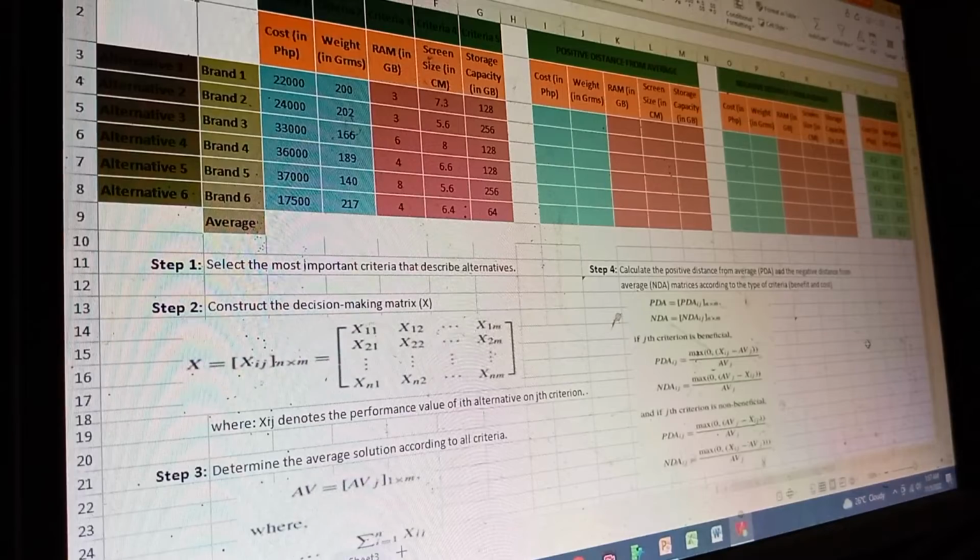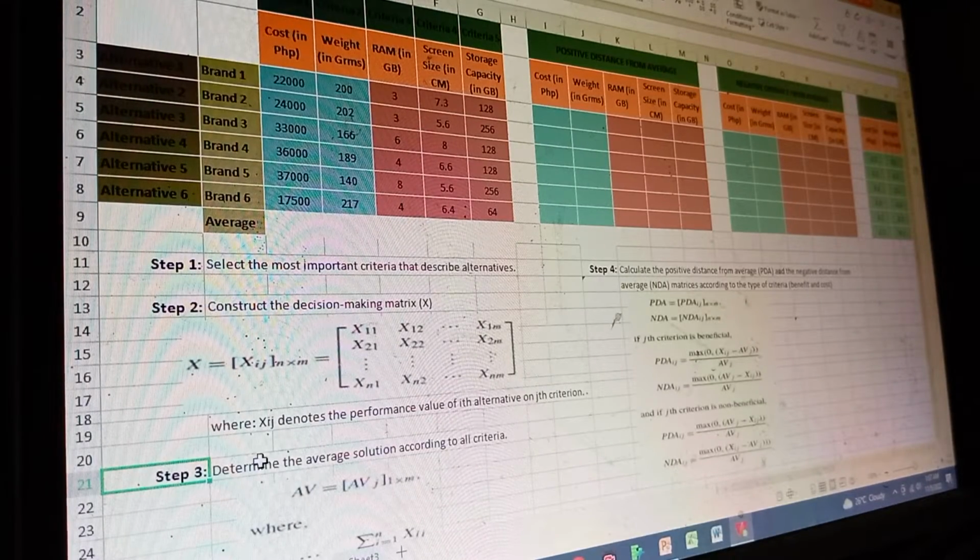Now we are going to go to step 3, determine the average solution according to all criteria. We will calculate the average.